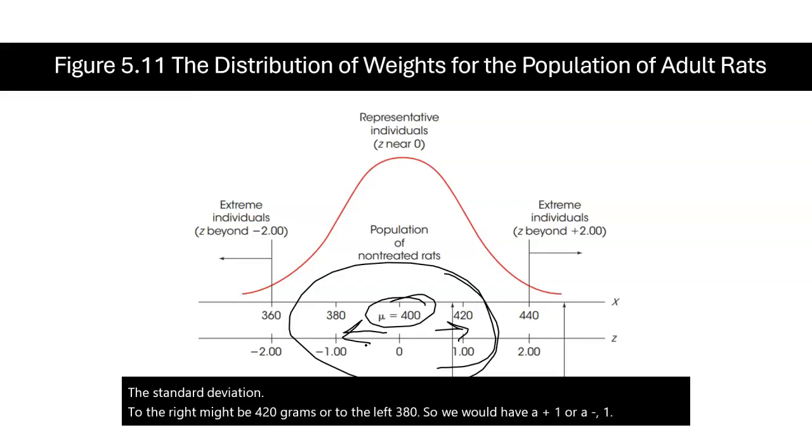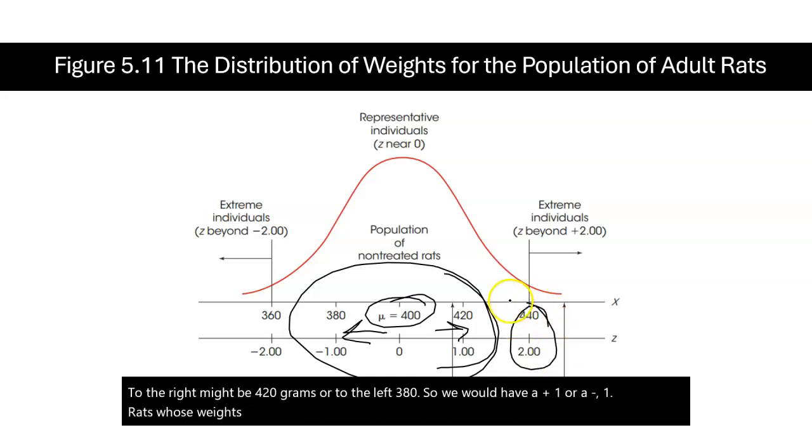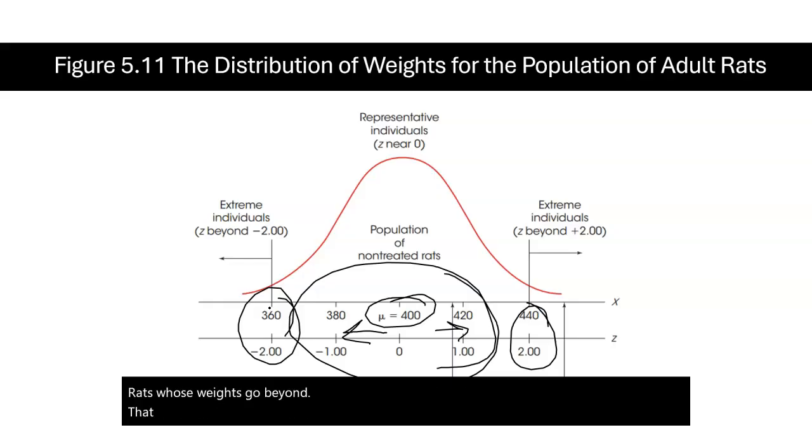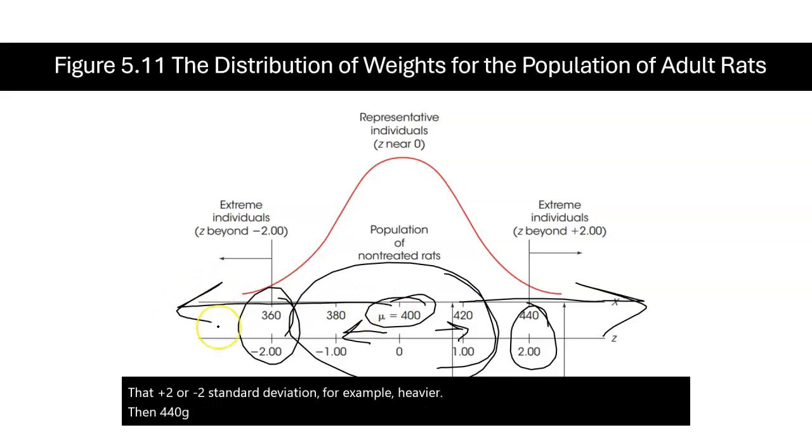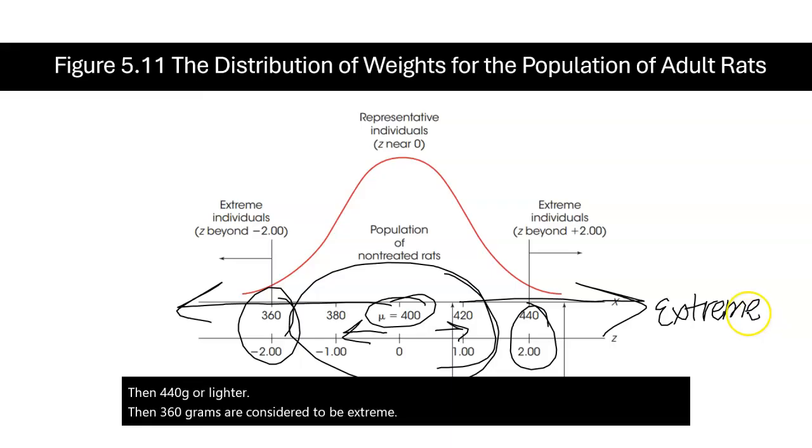Rats whose weights go beyond that +2 or -2 standard deviation, for example, heavier than 440 grams or lighter than 360 grams, are considered to be extreme or outliers on this distribution. Or they're just considered cute little chubby rats. Just saying.